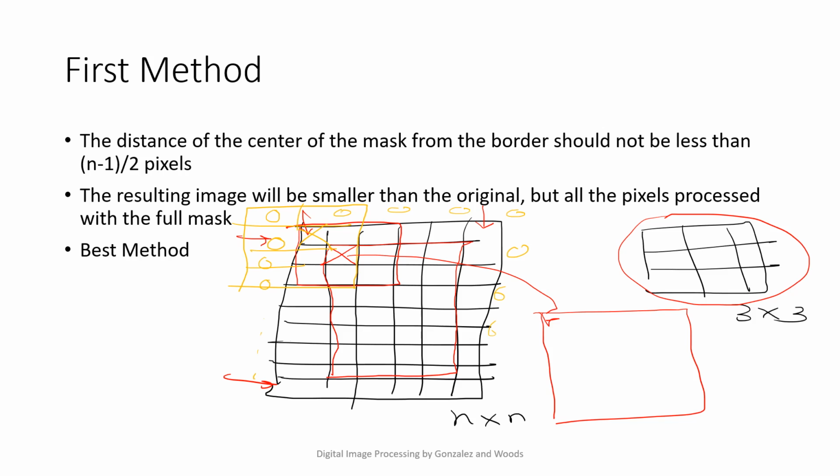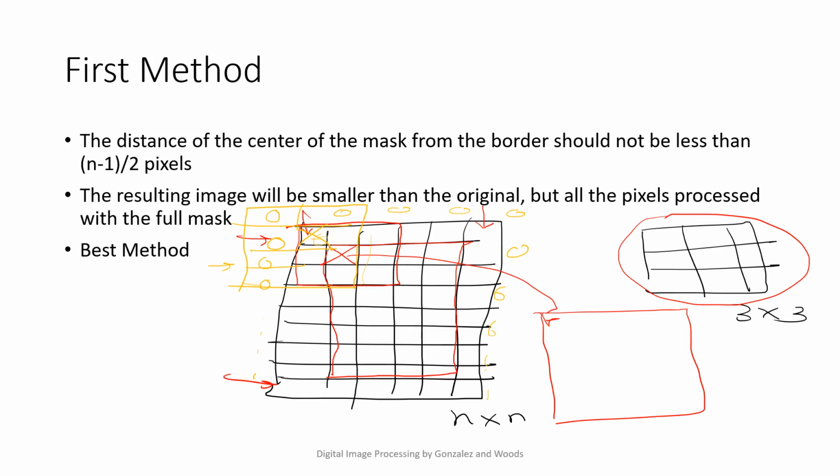I will add this dummy data, so now I can place the mask like this and I'll get the same size here. The problem with this is that because the padding is 0, at the output you will get a black border. That is the problem. So this is the second method, and generally we use this padding method.